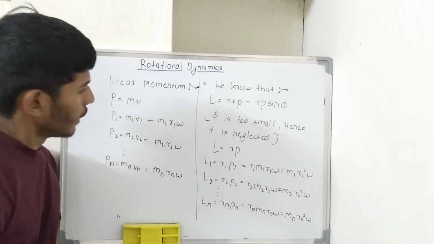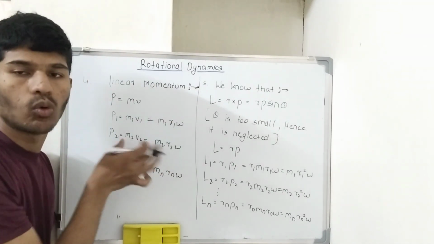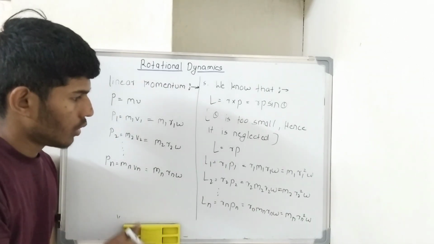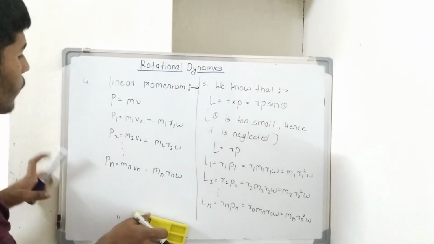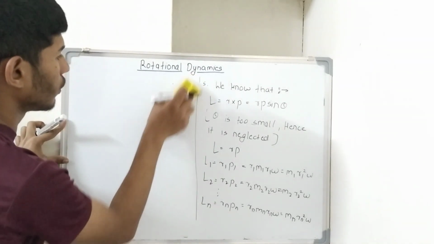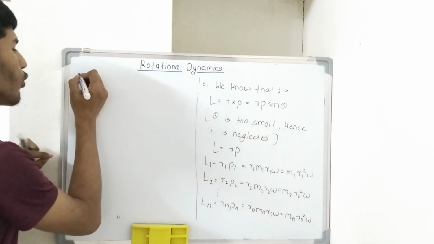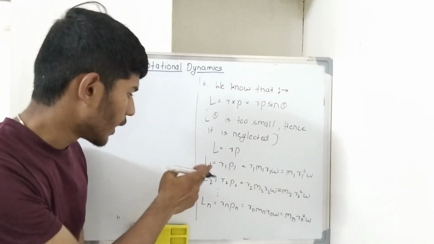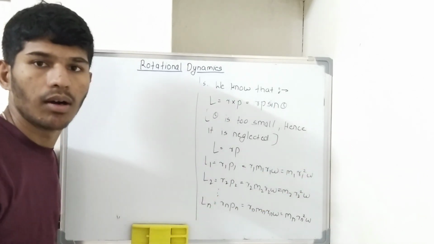What I had done, I just put down the value of P1, P2 or Pn in this expression and found the last value. What we have to do here, we can find that L1 is equal to M1 R1 square omega.